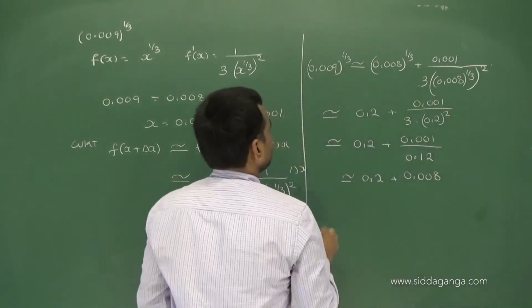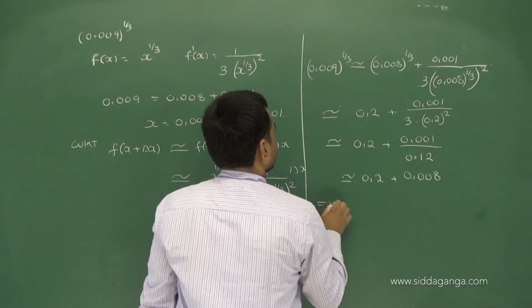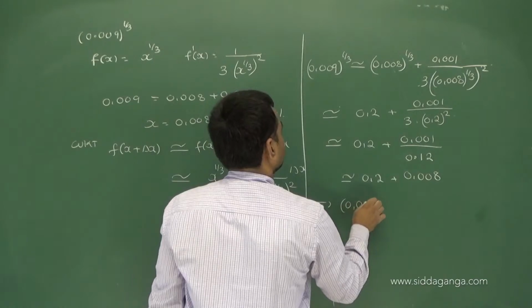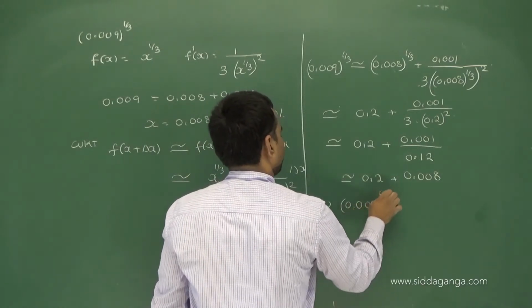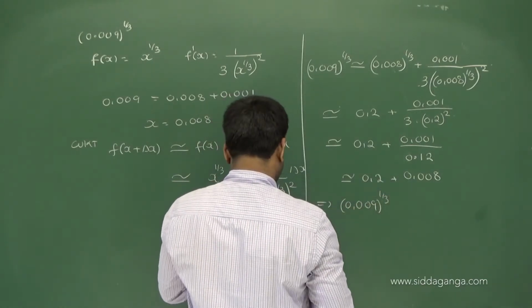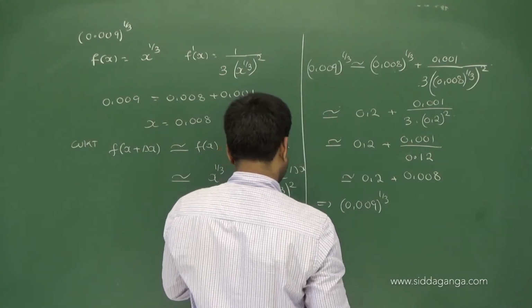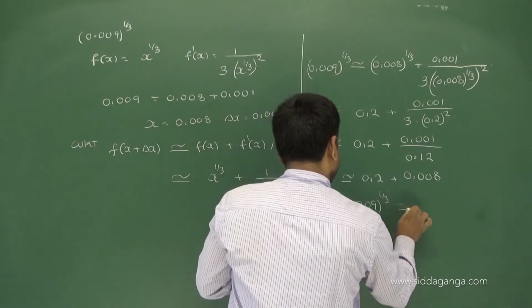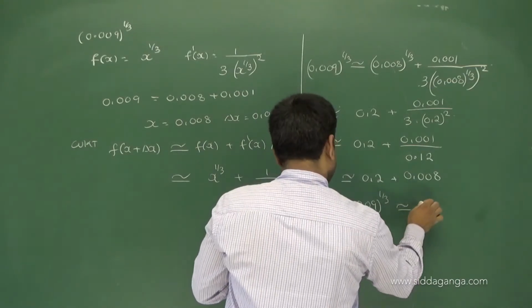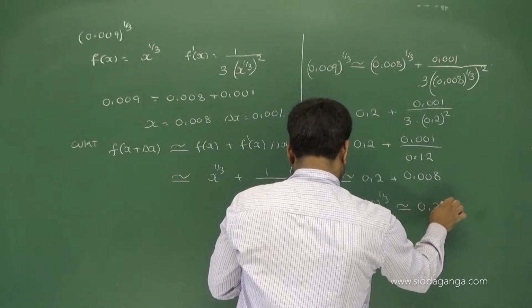0.008. Okay, so that implies 0.009 to the power 1 by 3, if you add these two values, is approximately equal to 0.208.